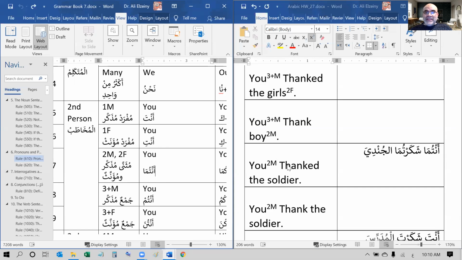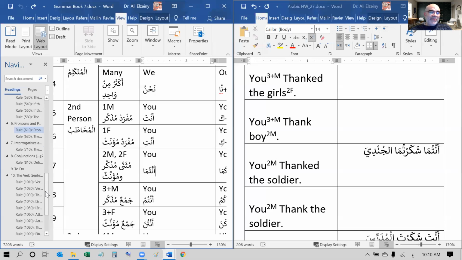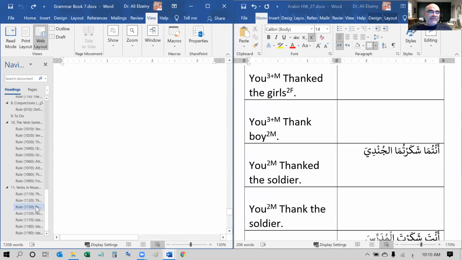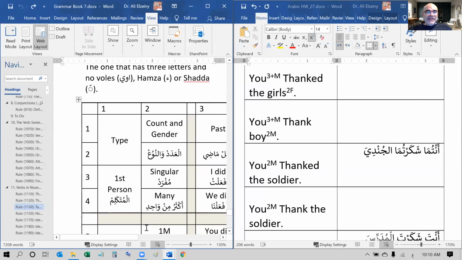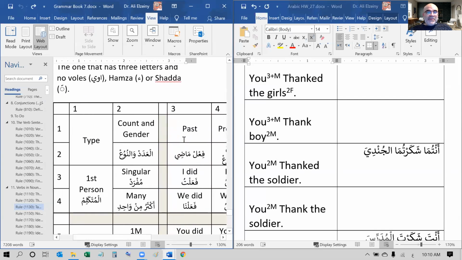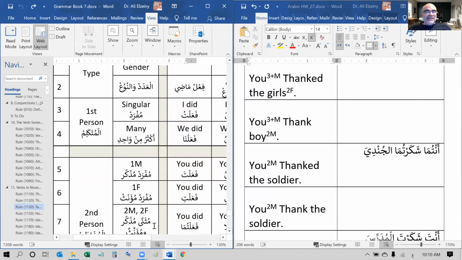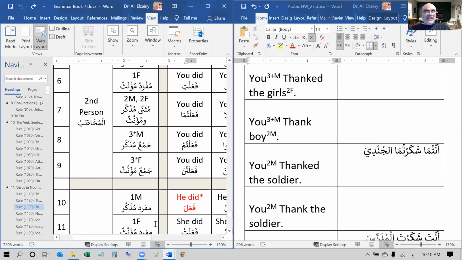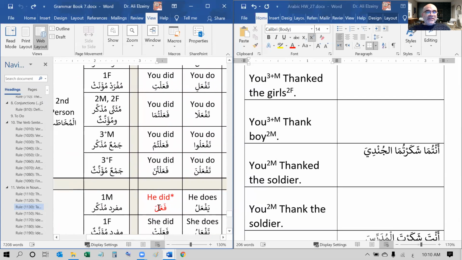Now, "thanked" is a past tense. So I go to rule 11, table 1130. Okay. Past tense is column number 3. So I have the root shakara, which is fa'ala.